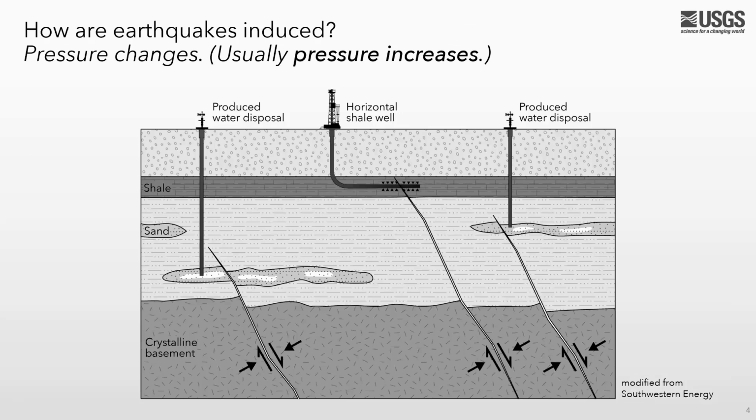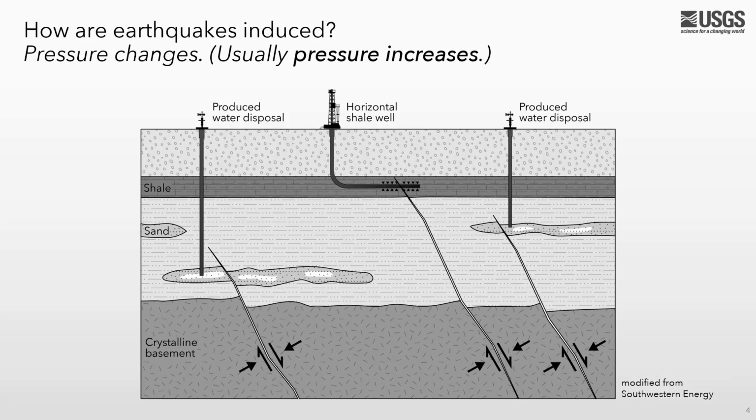Okay, about induced earthquakes. There are a few ways that humans can trigger earthquakes, and it's been known since the early 1970s, if I remember right. Usually it relates to changes in the pore pressure in the subsurface. That can be due to depletion, but much more commonly, especially in this part of the world, it's due to pressure increases associated with some form of fluid injection.